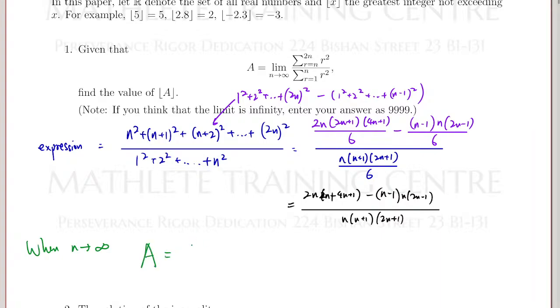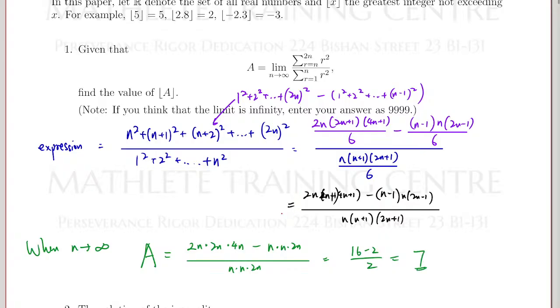Actually, I claim it is just going to be, wait, I just realized I didn't write this fully. A is just going to be this. 2n times 2n times 4n minus n times n times 2n over n times n times 2n, which is going to be, if you look at the expression, 16 minus 2 over 2, which is 7.